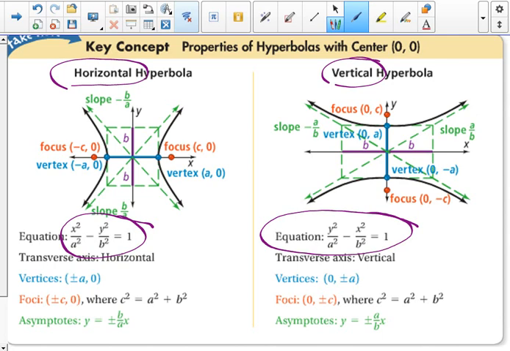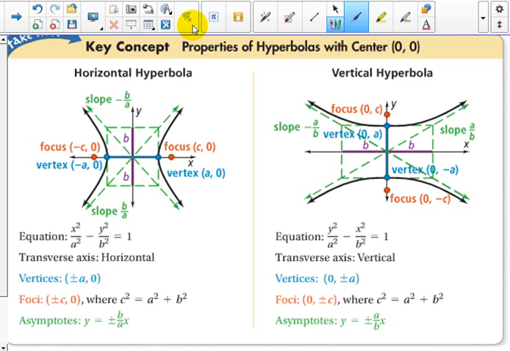What changes here is our y squared and our x squared. The a squared and the b squared and the 1 and the minus sign are the same in both. The only thing that switches is that for horizontal, it begins with x squared minus y squared, and for vertical, it's y squared minus x squared.